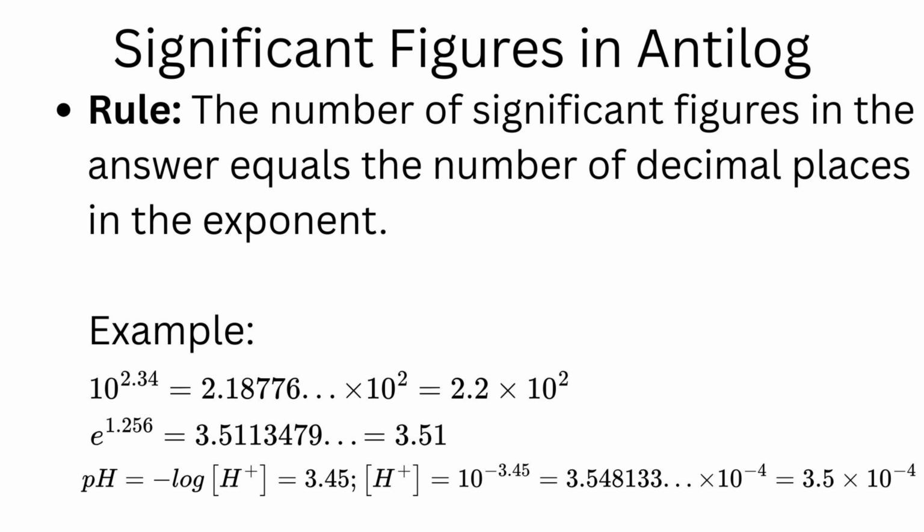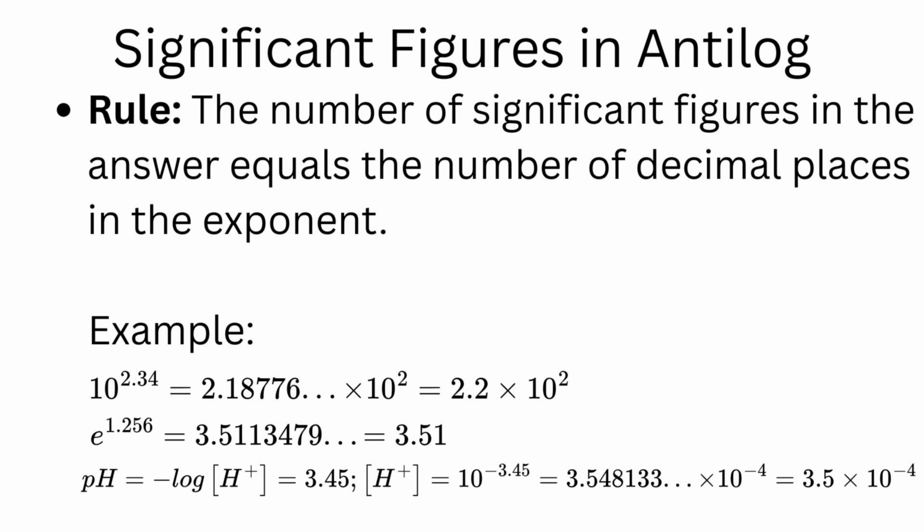So let's take an example of pH being equal to 3.45. And the question is asking you to calculate the concentration of hydrogen ion or proton. Now, in this case, pH has 2 decimal places, so the concentration of H plus, that result must have 2 significant figures.